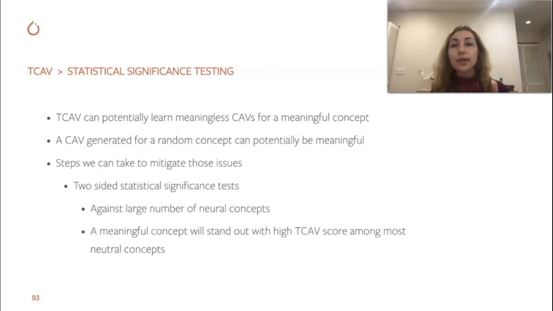In order to mitigate those issues, we can test the statistical significance of our concepts using a two-sided statistical significance test. We can do that, for example, by testing a specific concept, for example, positive adjectives, against multiple neutral concepts. If the positive adjectives concept is truly meaningful, it will stand out with a high TCAV score among all neutral concepts.